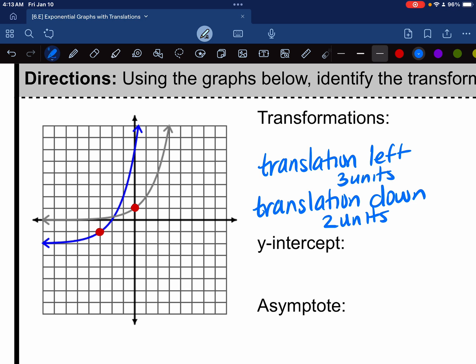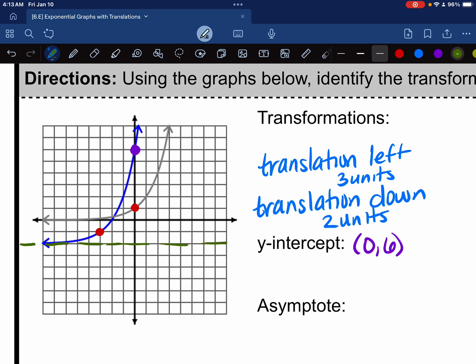All right, so that's going to change a few things, right? That's going to change our y-intercepts. Okay, so our y-intercept on our new graph is up here. So if I count that, 1, 2, 3, 4, 5, 6. And our asymptote, remember, is this horizontal line down here.